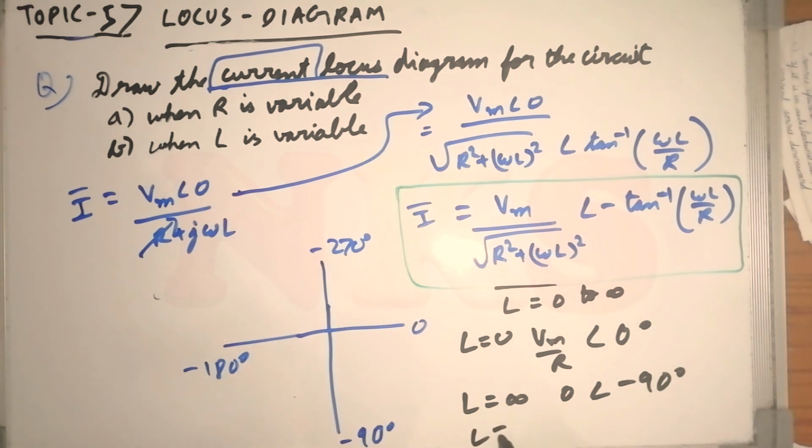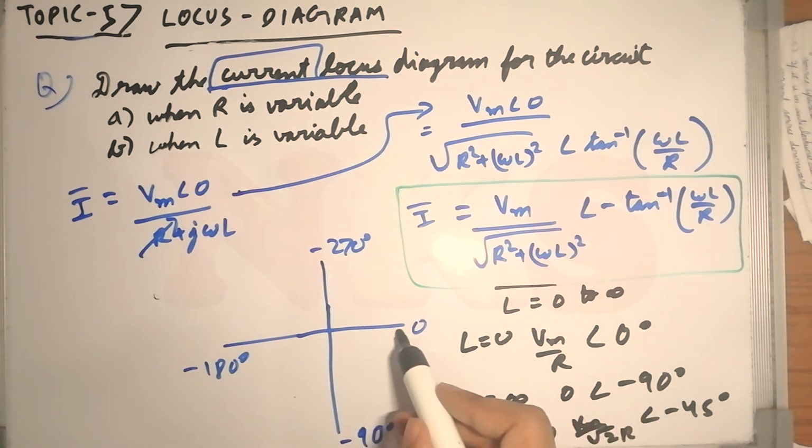At L equal to R by omega, we can take that, then we can cancel out. So my value will come out to be Vm by root 2 R, at an angle minus 45 degrees. So I got that this will start from the angle 0 axis, and it will go towards minus 90 degrees, with some angle of minus 45 degrees in between.